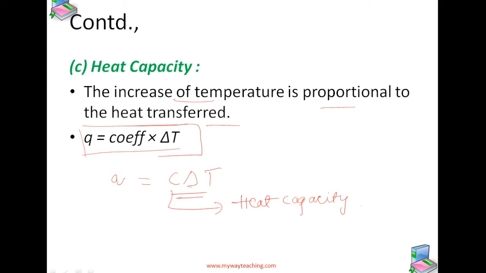Now we can measure the heat supplied by monitoring the temperature rise, provided we know the heat capacity. When C is large, a given amount of heat results in only a small temperature rise. Water has a large heat capacity, so a lot of energy is needed to raise its temperature.